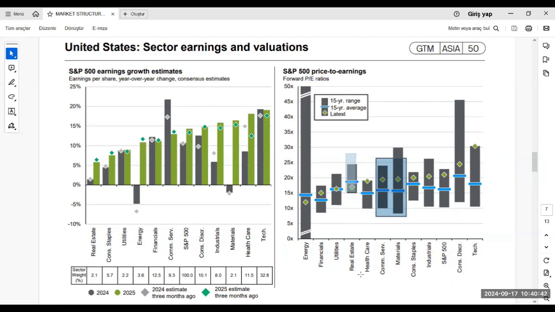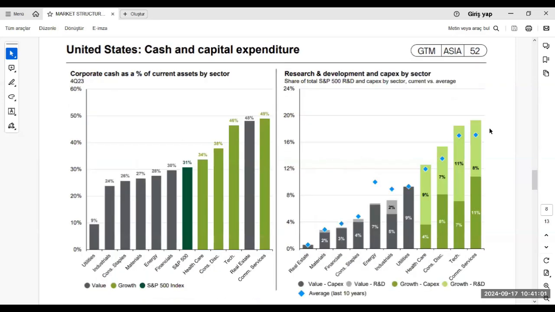Only which one is cheaper? The real estate, and the energy. Why? Because energy prices are going down after the decrease in oil prices, and real estate is really lower because of the increase in the interest rate in the financial market.